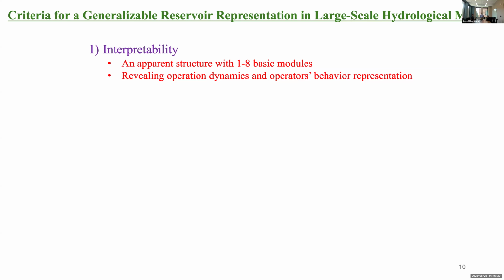It's difficult to interpret the results, but we use a parsimonious structure, and the interesting thing is that we only have 1 to 8 basic modules, and we can explain which module is for what purpose.